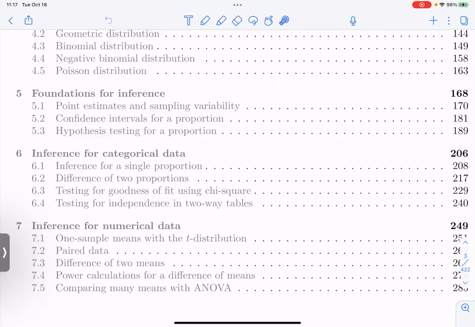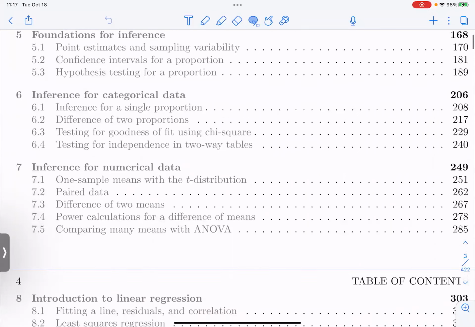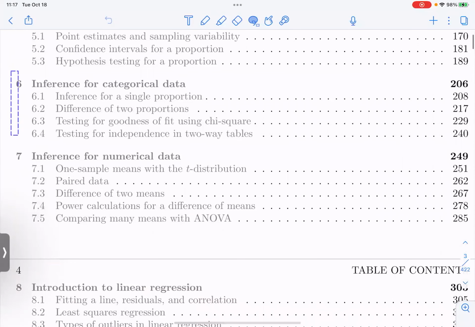Going back to why is it so important that we know how to identify what type of variable we have, right? Well, it's because when I have to do my analyses, I need to know if I have a proportion, right? So if I have a categorical variable, I'll be analyzing the proportion. Whereas if I have a numerical variable, I'm going to be analyzing the mean or the means, potentially more than one.